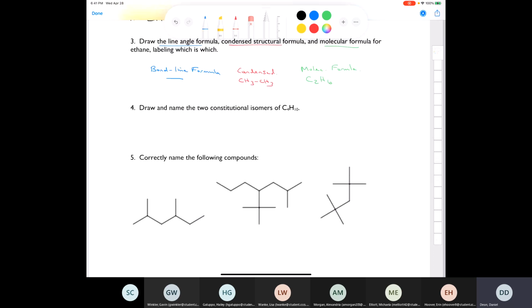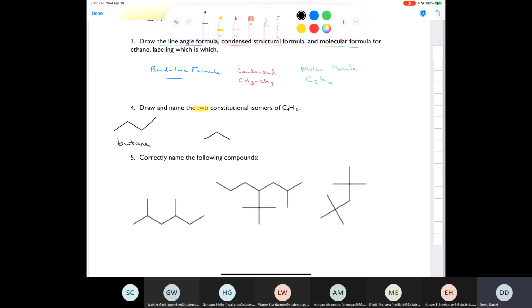Next question says draw and name the two constitutional isomers of C4H10. They tell us in the problem that there's only two possibilities. I can obviously have butane, and I think most students would get that pretty quickly. If I put the 4 carbons in a row, I have a butane molecule.